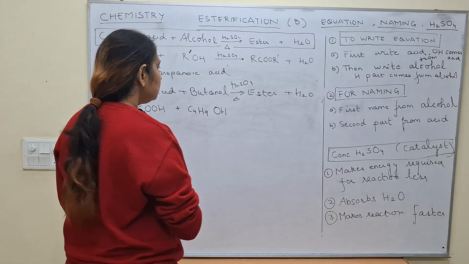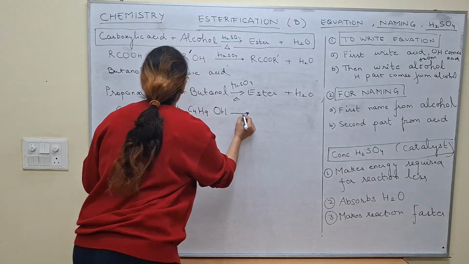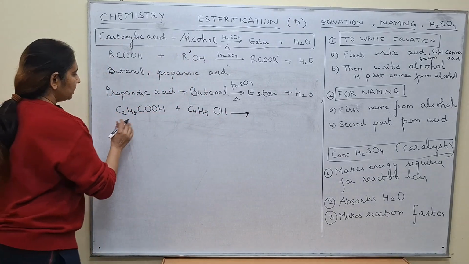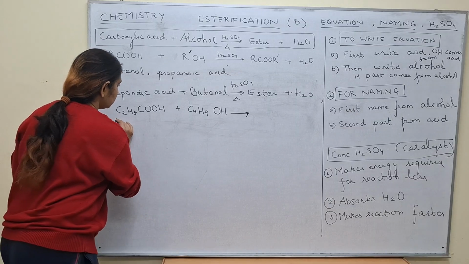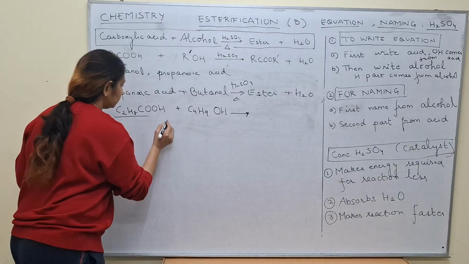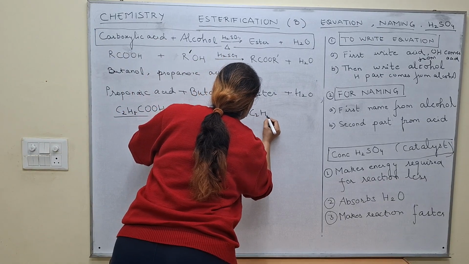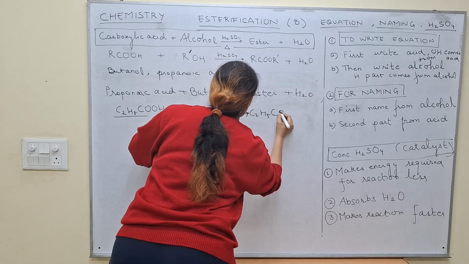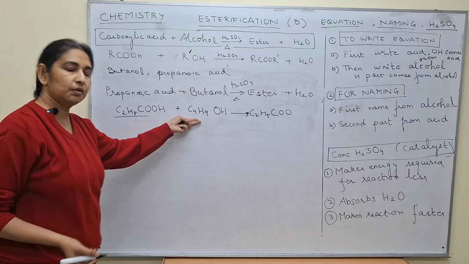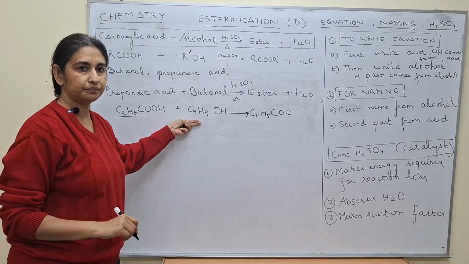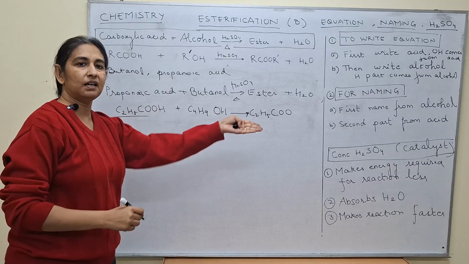Now how to form the ester? Ester will be formed. We'll take first from here. So कहाँ तक लेंगे हम? यहाँ तक लेंगे, यहाँ तक. So it becomes C2H5COO. यहाँ तक ले लिया. फिर हम ब्यूटेनॉल का पार्ट लेंगे. Because while writing the equation, you just go in that order.